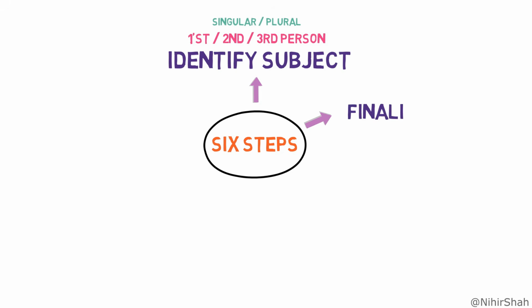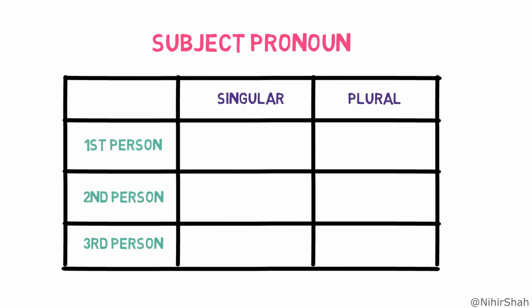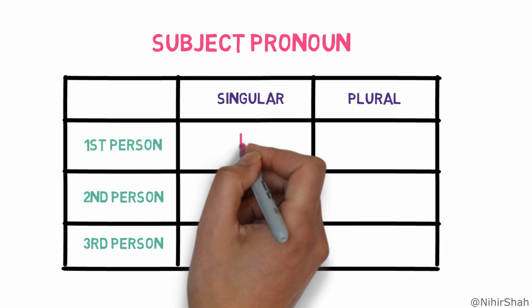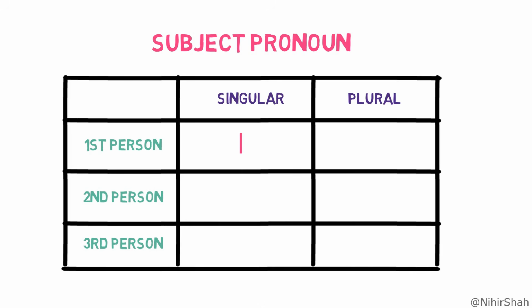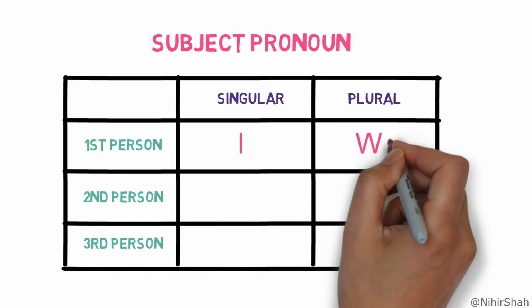Step 2. Finalize the pronoun. Next, finalize the pronoun with respect to the subject and its form. You can take the help of below table. If the subject is in first person singular form, then the pronoun is I. And if it is in plural form, then it is we.